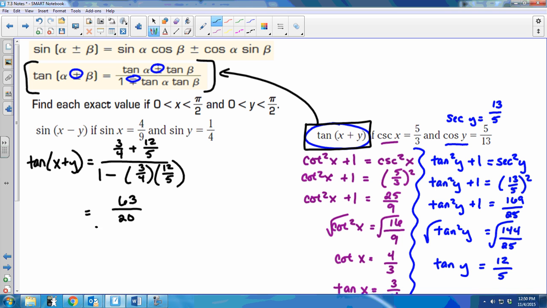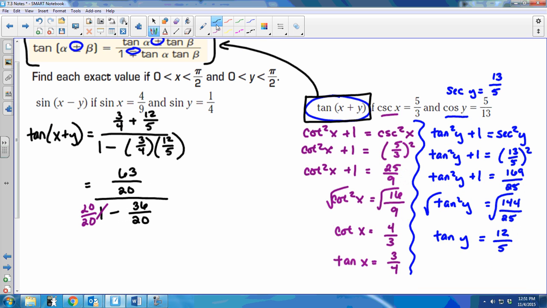Yeah. All right. In the denominator, you multiply fractions, you get 36 over 20, because 3 times 12 is 36, and 4 times 5 is 20. 1 minus 36 over 20 is 20 over 20. Again, you can use your calculator. I just don't want to type it all in right now.